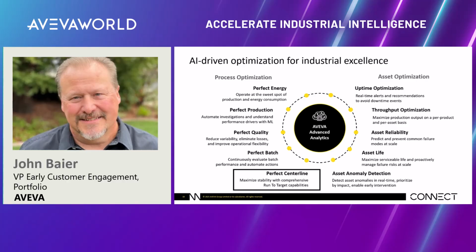What we're going to cover here in the demo is something called Perfect Centerline, as I said earlier. And Perfect Centerline is very similar to the batch model, but it is taking any manufacturing process, taking a baseline of what is that centerline, what is the best run, and then helping customers react to the current manufacturing runs and making them as close to that center line as possible.